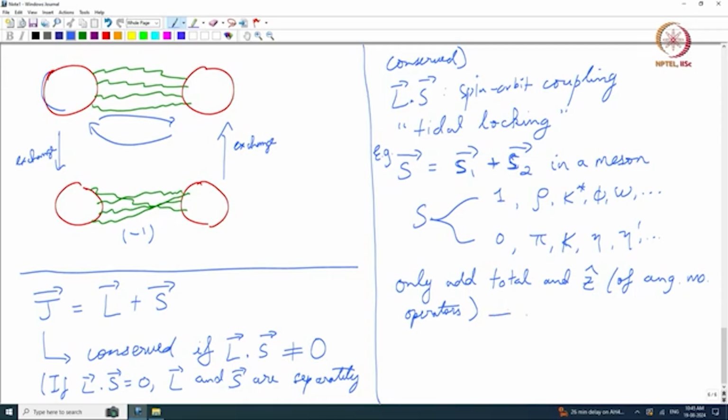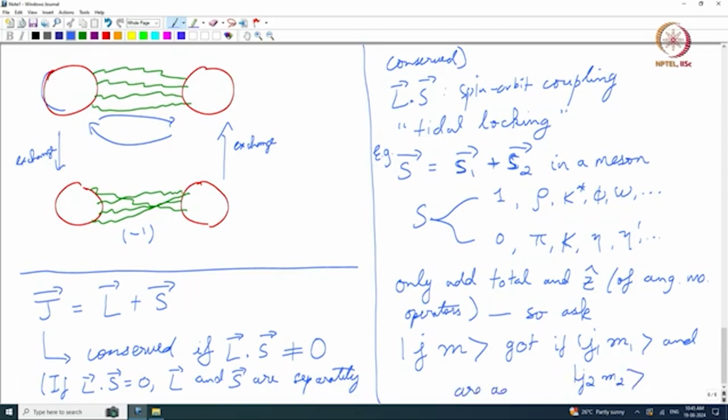So, we ask what is the J M state that we get if two states denoted by J1 M1 and J2 M2 are added.